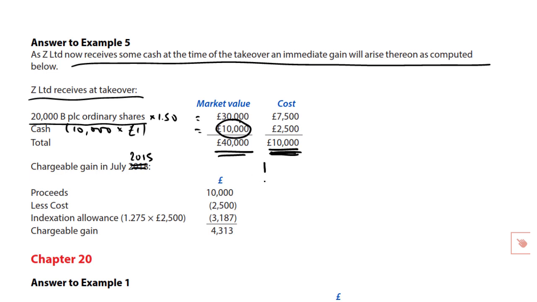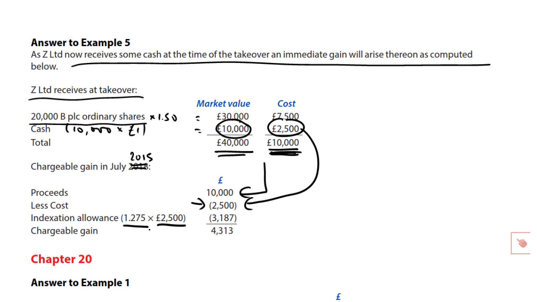That goes into your gains calculation immediately. You've got cash. This is an immediate gain. Therefore, the company is going to be taxed on it. Your proceeds are 10,000. What is your cost? There it is. There is the cost allocated to the cash element of the consideration at the point of takeover. Once you have your cost figure there, then based on that cost, apply the relevant indexation factor.